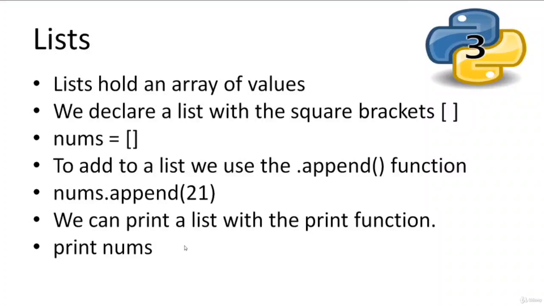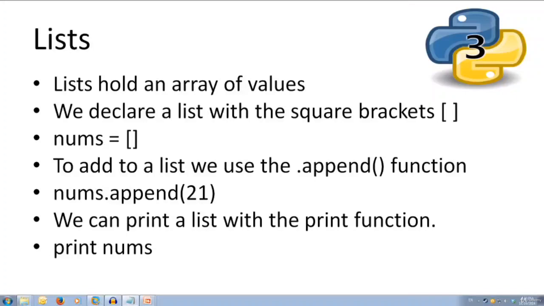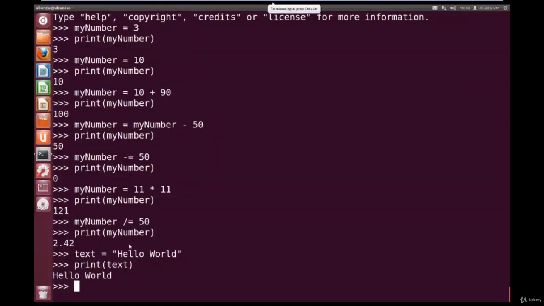Variables do not need to be declared with any particular type and can even change type after they have been set. For example, x equal 4, hashtag x is of type int, x equal Sally, and print x.